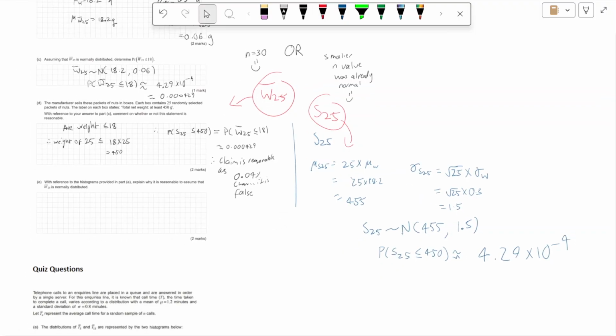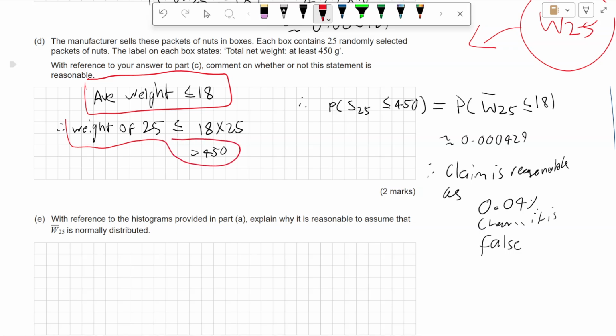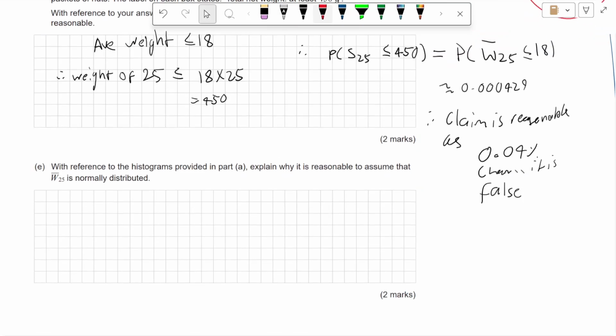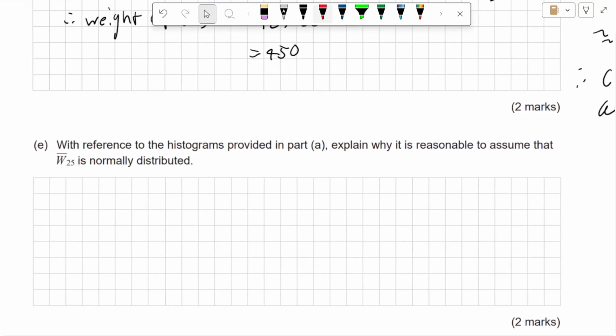If we're asking for the average weight to be less than 18, that is saying the same thing as the weight of 25 is less than 450. Literally the same question. With reference to the histograms provided, so this is what I was talking about before.